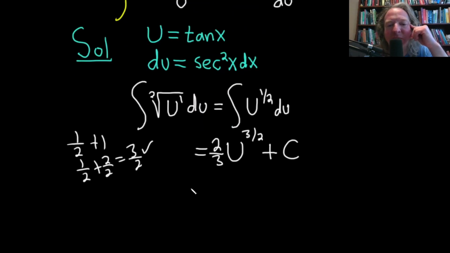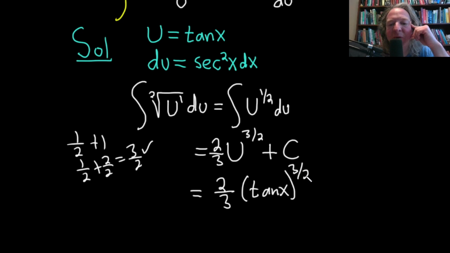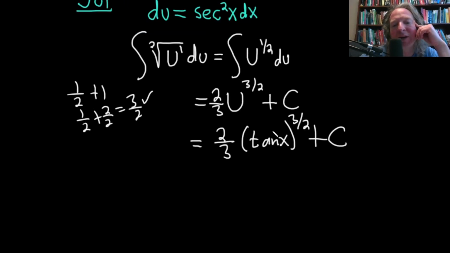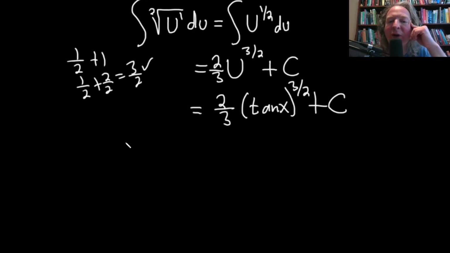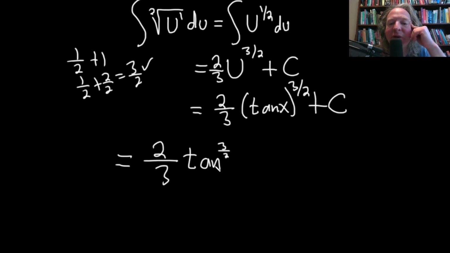So this is equal to 2/3 tangent of x to the 3/2 plus c. And you could leave it like this, or you could write it using the shorthand notation that people often use for trig functions. It's 2/3 tangent, and then you can put the exponent here, 3/2 like this, and then an x, and then plus c. I don't really think it matters too much.